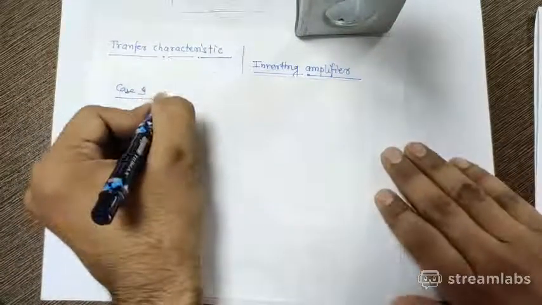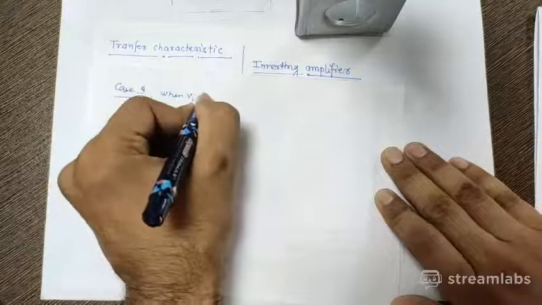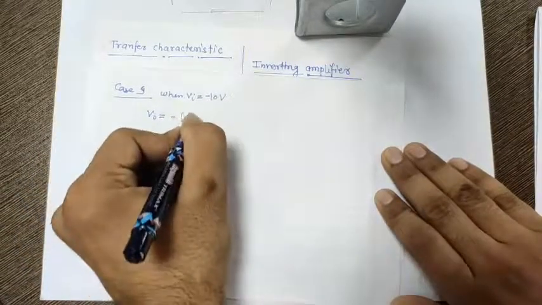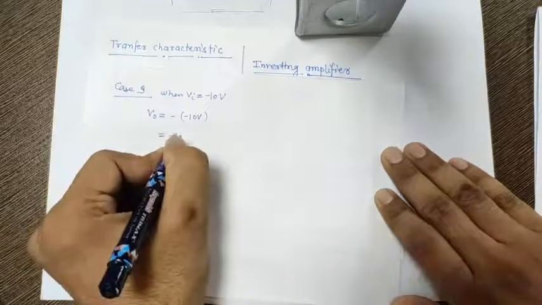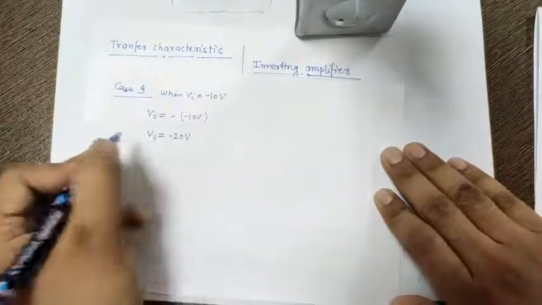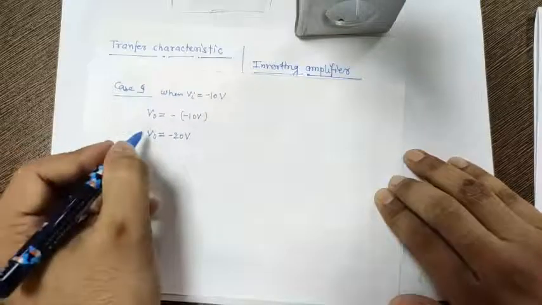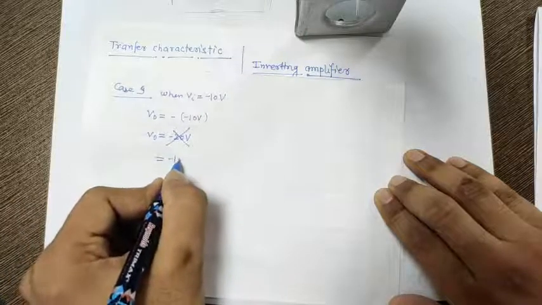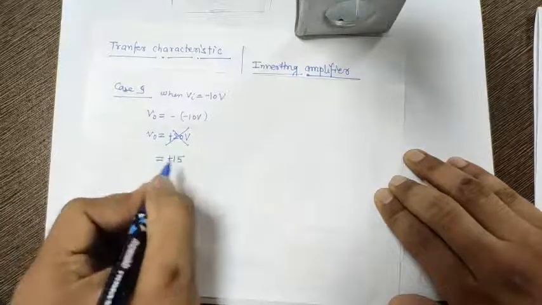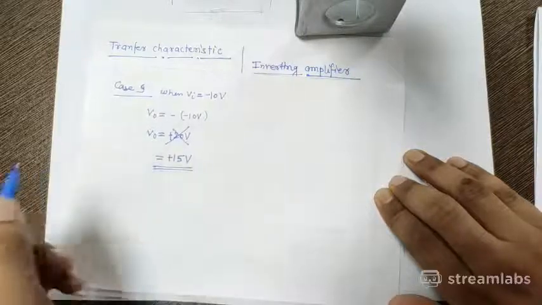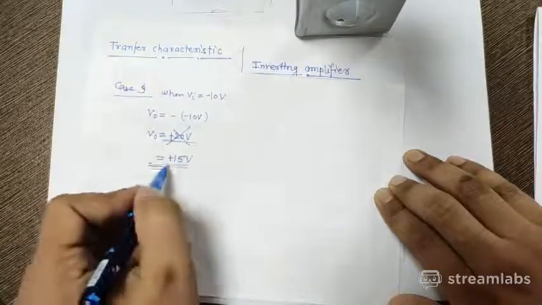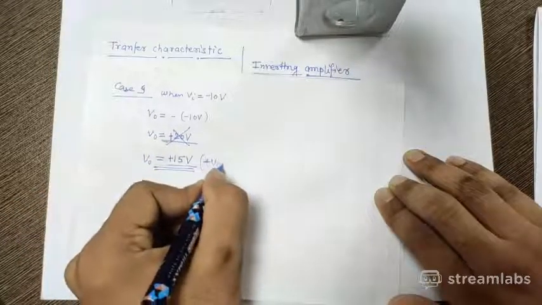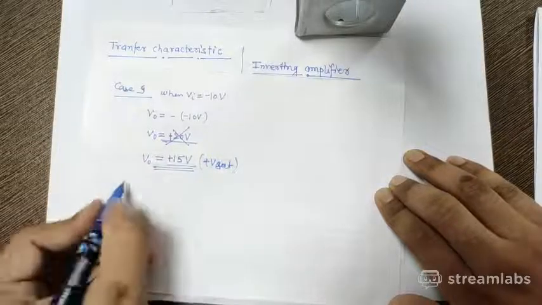I will take Vi equal to -10 volt, then V naught will be equal to minus of -10 volt times 2, and this is +20 volt. Will +20 volt come? Absolutely not. You are absolutely right. It will stop at +15 volt instead of +20. This is +V saturation. It is saturating on the positive side also.